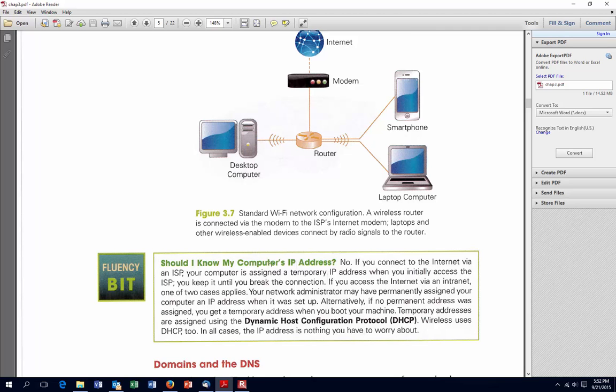And then when that person leaves, they know they're gone, and then they can hand it out to the next person that comes through. This is opposed to static IP, which is where you, as a system administrator, would configure each specific device with what IP address that it would have.